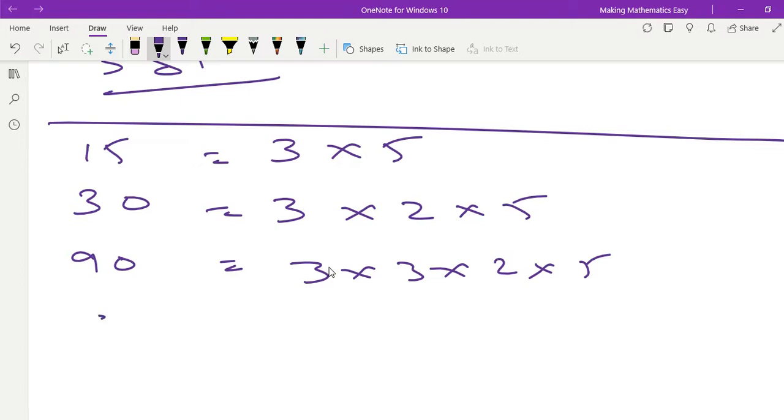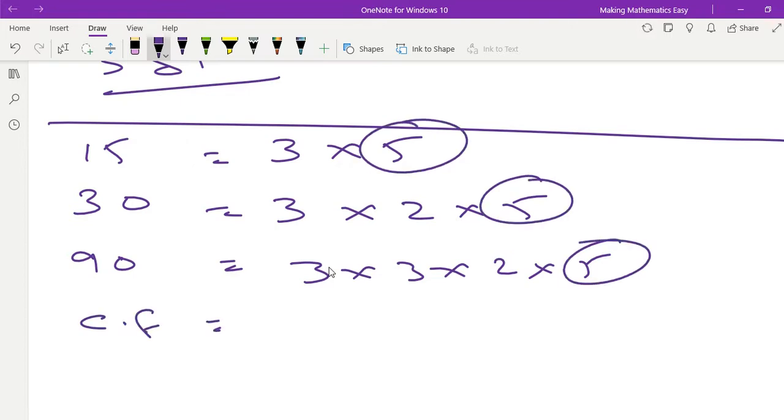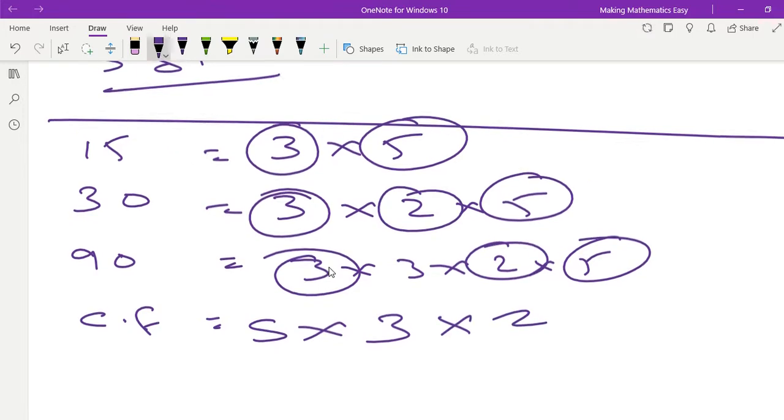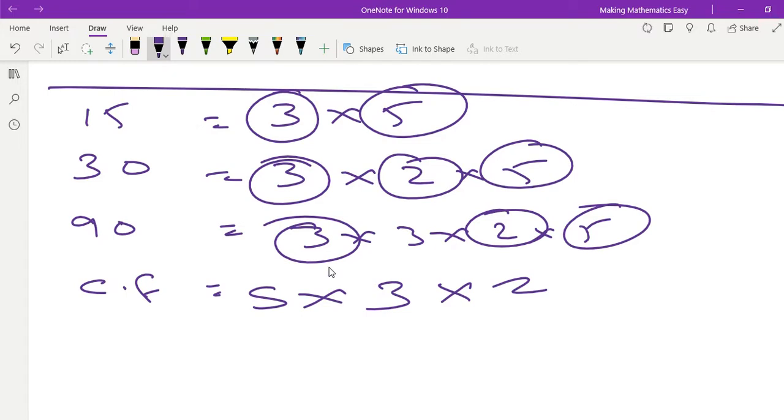Now let us find out the common factor in this case, which is this 5, 5, 5, 3, 3, 3, and this 2 also. This 2 also is a common factor. Correct? Now our non-common factor is only a single number, which is this 3.